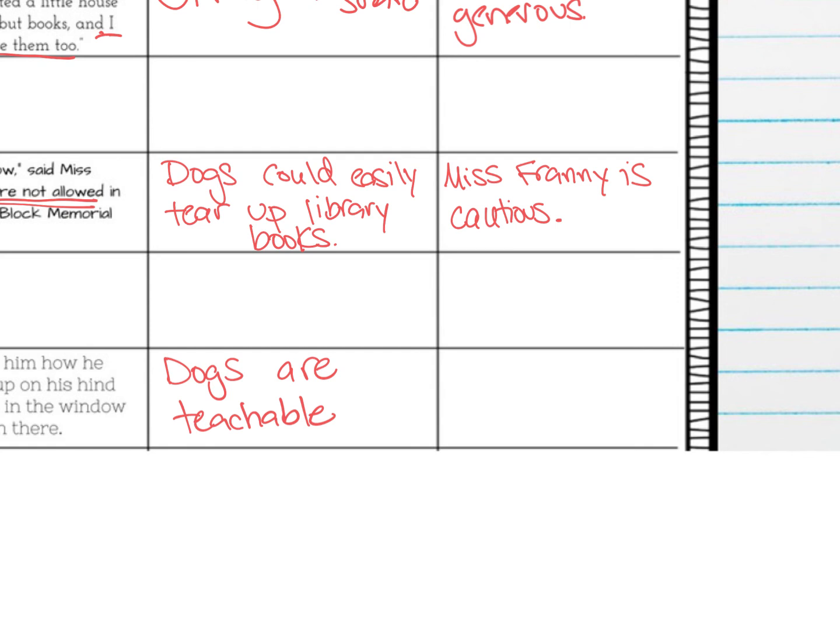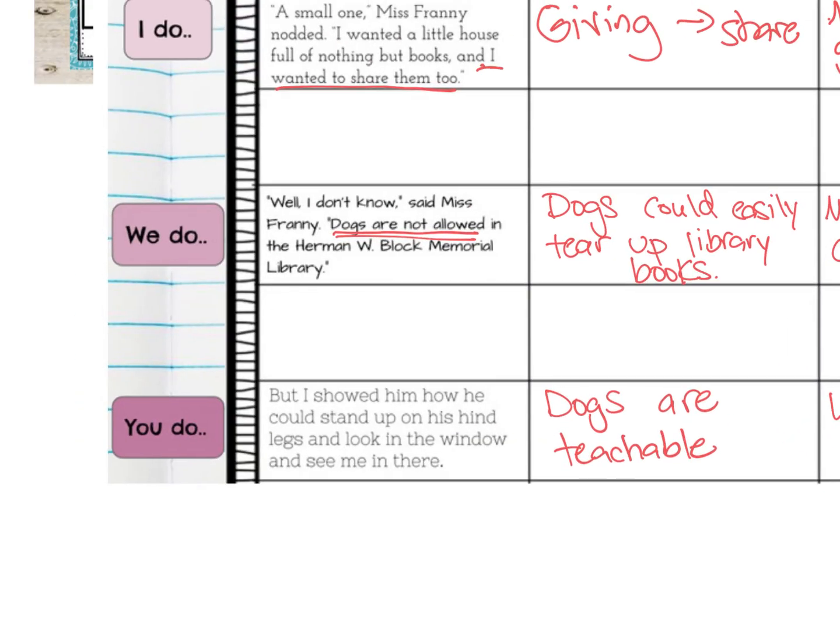So I can infer that Winn-Dixie is an intelligent dog. I'm going to use the word smart. Now, the author didn't tell me Winn-Dixie is smart. I had to create that information based on the clue and based on what I already know. And remember that clue said, "I showed him how he could stand up on his hind legs and look in the window and see me there."